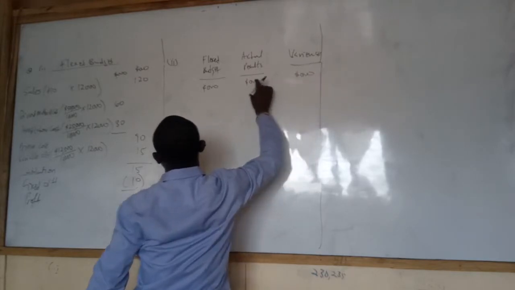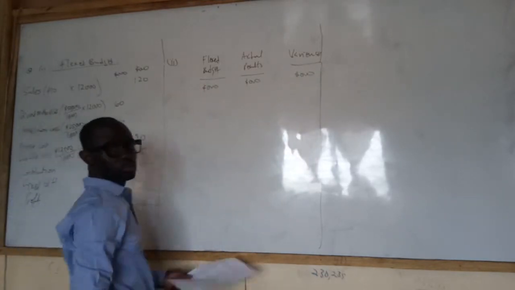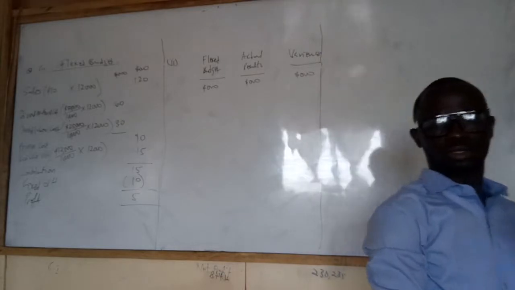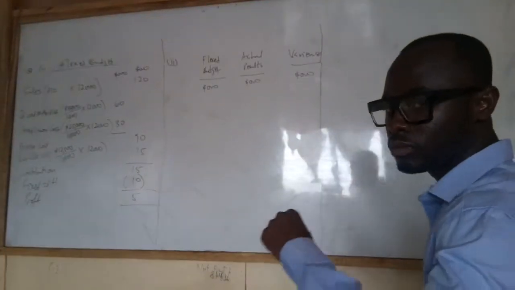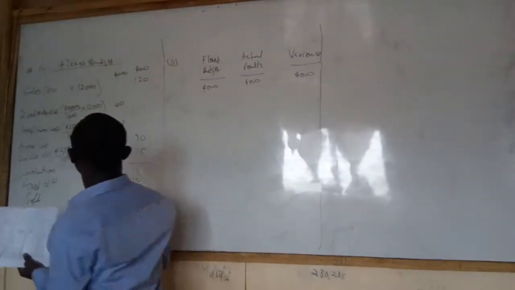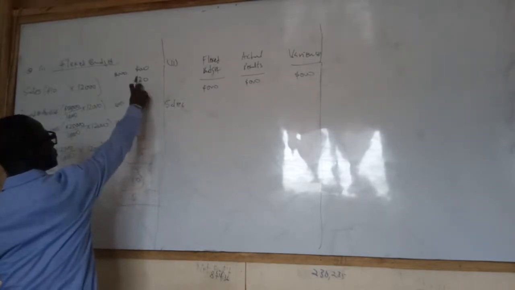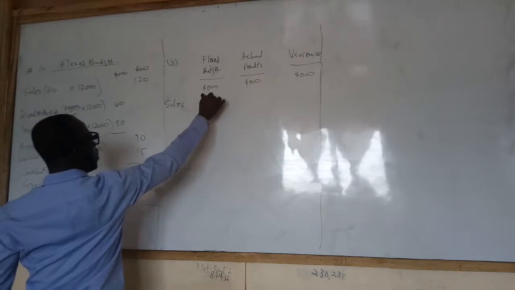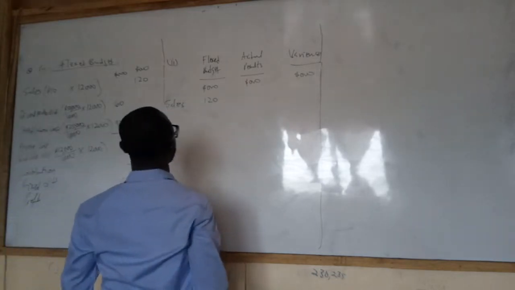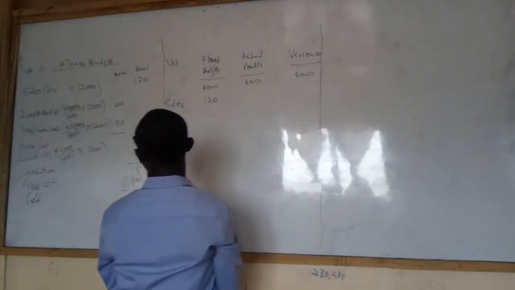So let's go with the items. 1, sales. What is our flex sales? 120. What was the actual sales? Feed me with figures, please.